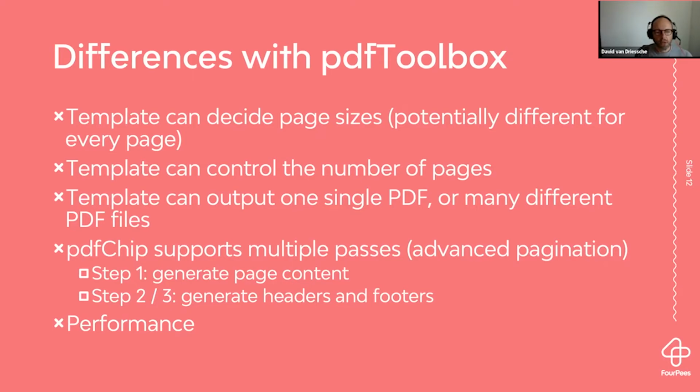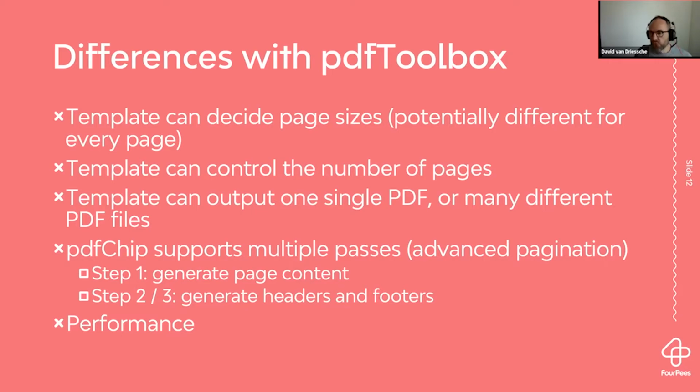Yeah? So in pdfChip, you can control the size of the file that you generate. You can also control the number of pages, and the number of pages could be controlled by just giving it a long HTML document and asking it to convert to PDF, and then it would generate a number of pages that the HTML generates.